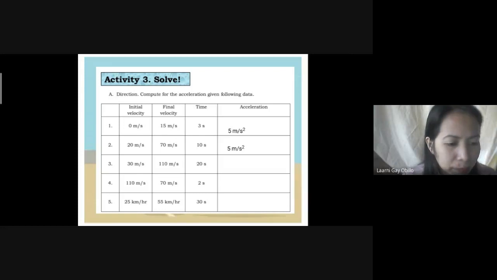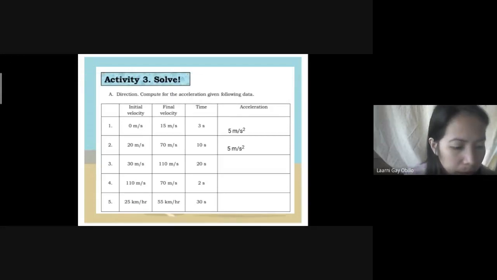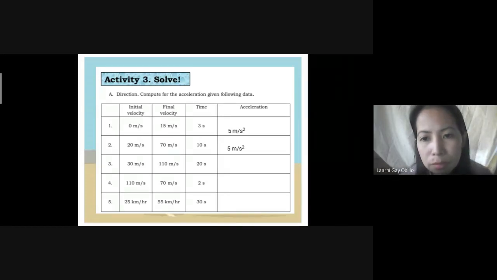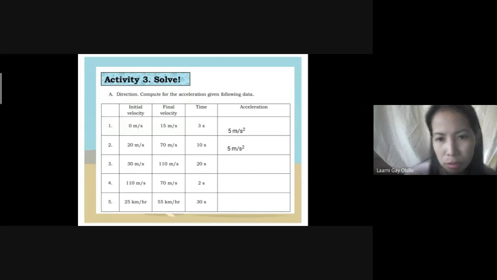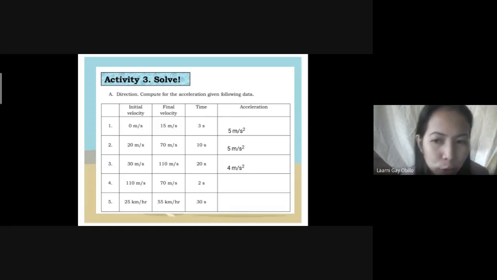That is 80 divided by 20. Answer is, yung 80. Okay, sagot ni Miguel Montaner ay 4. So, let's see kung tama ang sagot niya. Okay, correct. Answer is 4 meter per second squared. Okay, sasama natin palagi yung 4 meter per second squared because that is the standard unit for acceleration.